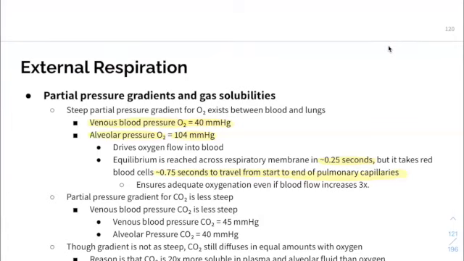So even though it only takes about a quarter of a second for oxygen equilibrium to be reached with that blood, it takes 3 times the amount of time for those blood cells to get through the capillary. Because of that, we make sure we get enough oxygen in our blood. That's our main goal. We need to get as much oxygen into that blood as possible before it gets pumped back to the heart to be pumped to the rest of the body.